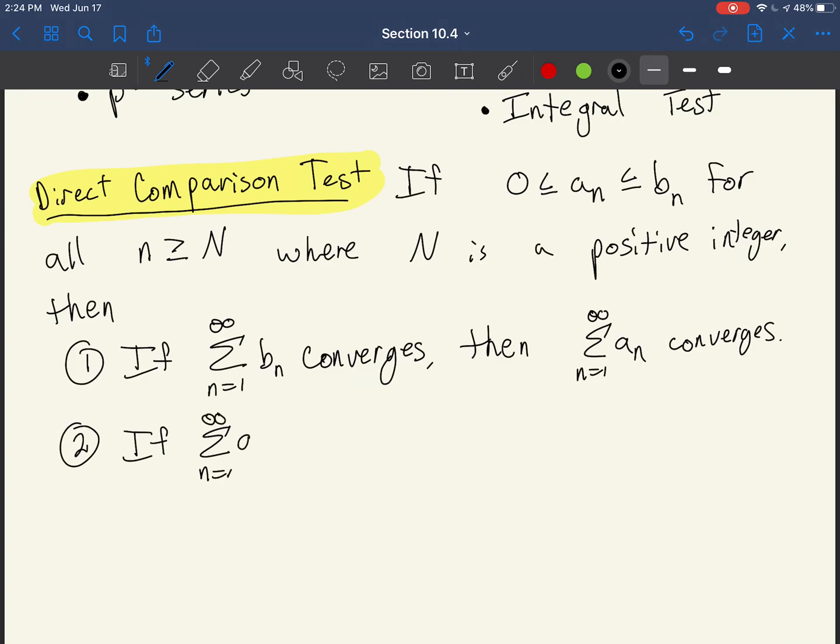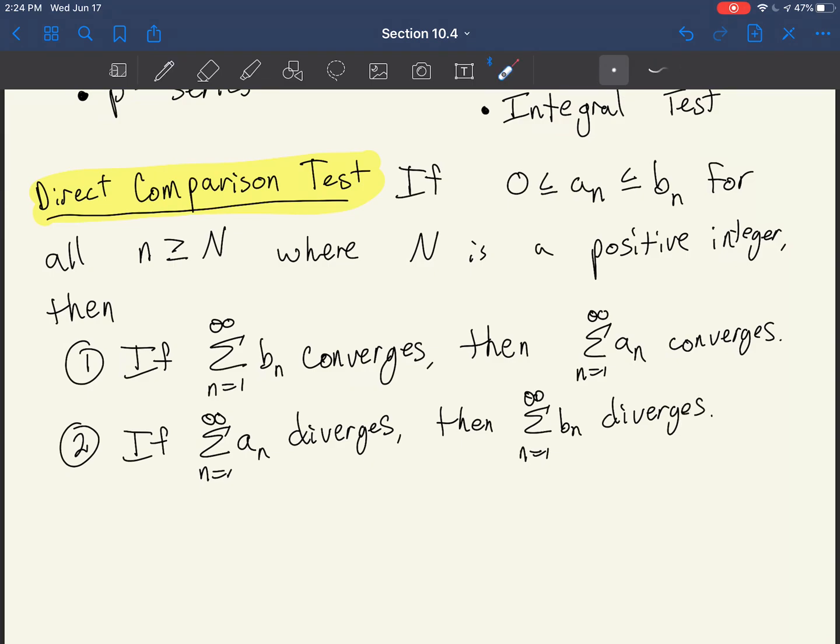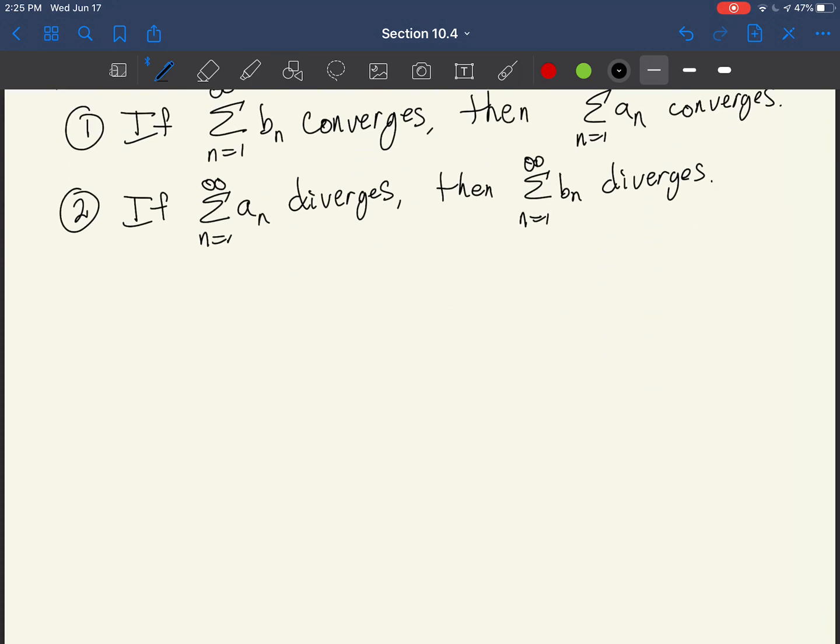If the sum from n equals 1 to infinity of an diverges, then so does the sum from n equals 1 to infinity of bn. And we saw pictures of this back in 8.8 about why this is true. And really we have the same thing here, the same pictures. Instead of drawing a smooth curve, you just have a collection of dots.